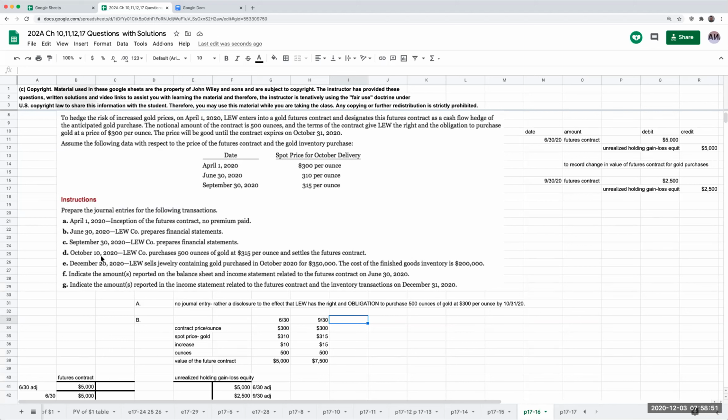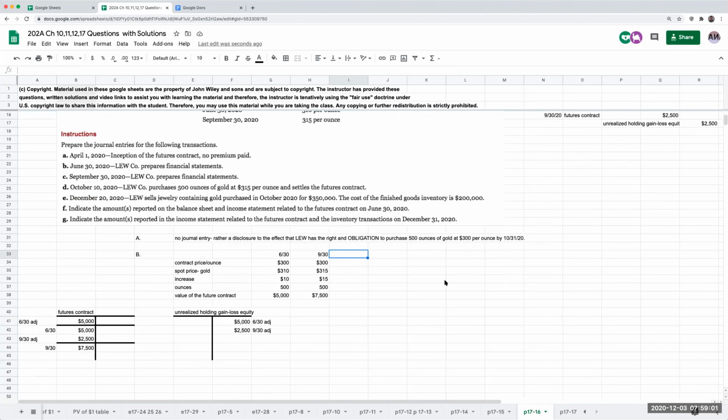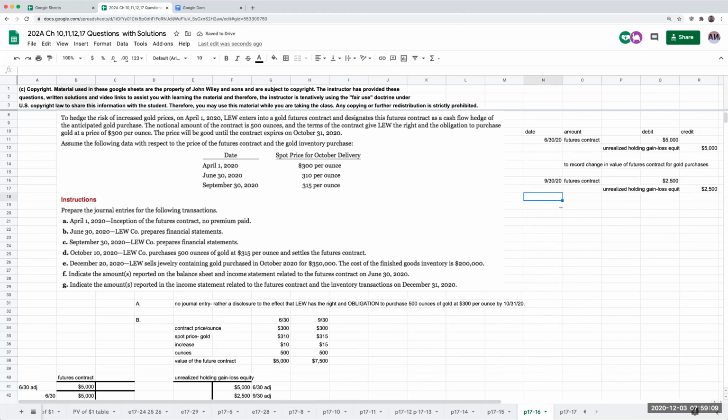On October 10th, Blue purchases 500 ounces of gold at $315 per ounce and settles the futures contract. So what's going to happen here is that we're going to purchase the gold at $315 per ounce. Okay.